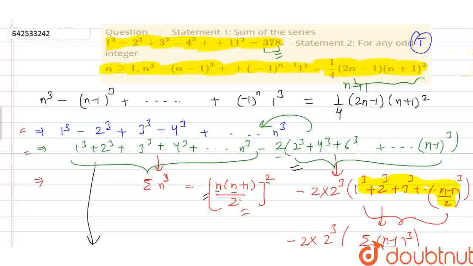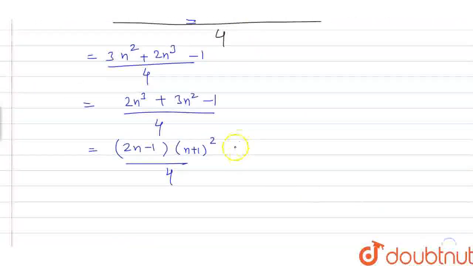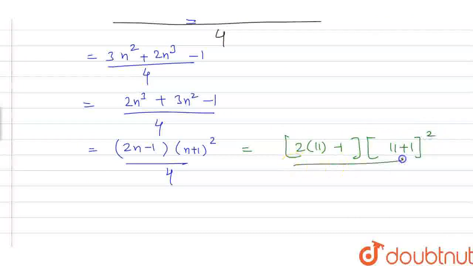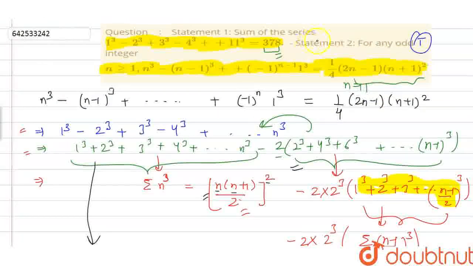So when we put the value of n as 11, we can solve this as (2n−1), that is 2 into 11 minus 1, finally multiplied by (11+1) raised to the power 2, and that should be divided by 4. So the value after solving this equation is obtained as 378. So finally we can write that statement 1 is also true. So statement 1 and statement 2 are both true.